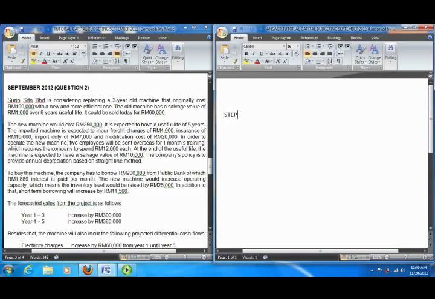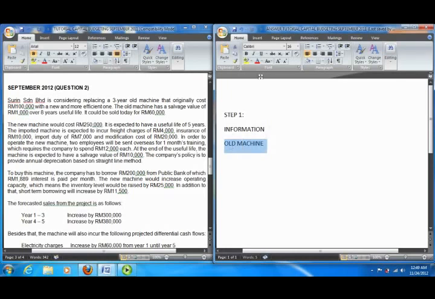Alright, our first step, class, as I told you in class, you need to extract the information from the question. The question will give you details on the old machine and the new machine. So we try to extract the information for the old machine.